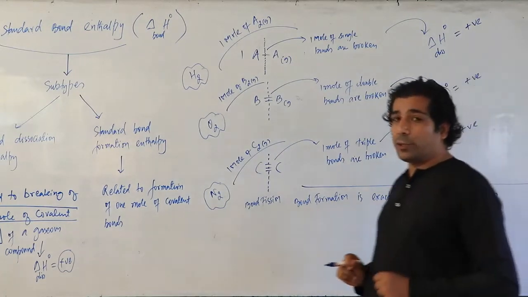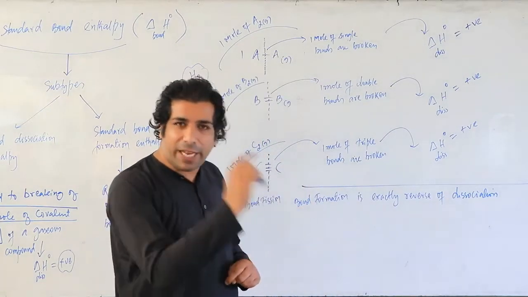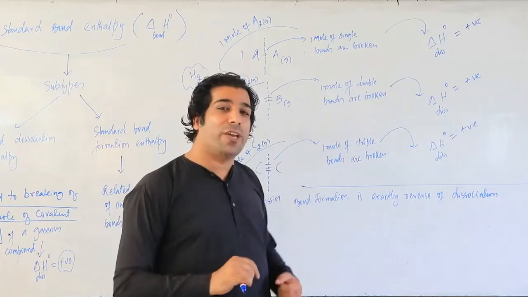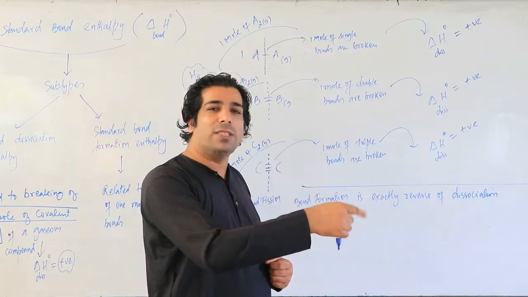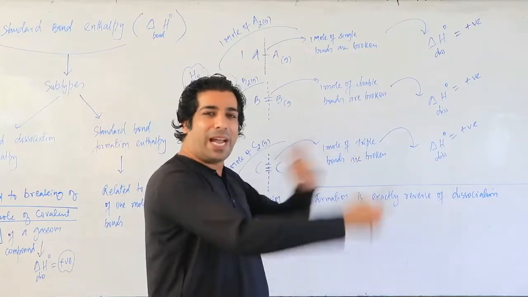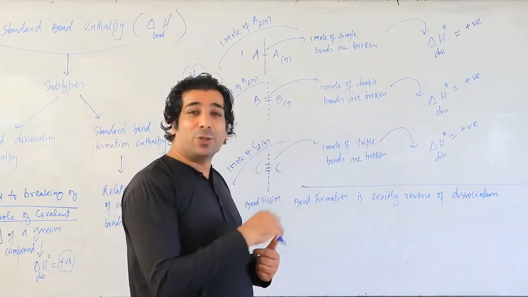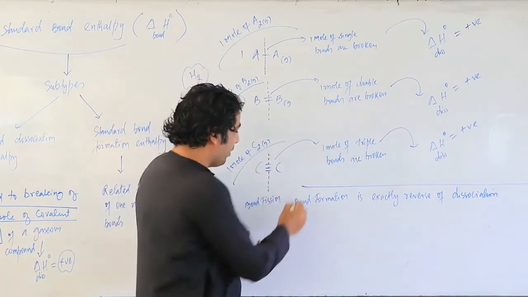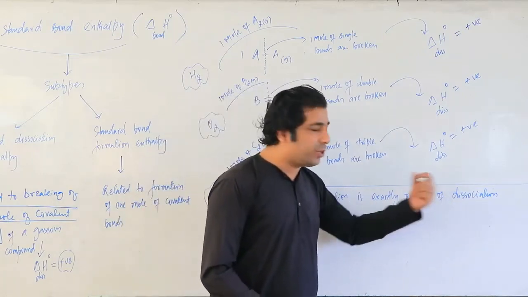And if you remember, I told you one thing in previous class, that if any reaction is reversed, yes or no, formation of ammonia, if you remember, the forward process for the formation of ammonia was exothermic and backward was basically what? Dissociation. So that was endothermic. So delta H sign will change, my dear friends. So remember, if you look at this point, bond formation is exactly reverse of dissociation.